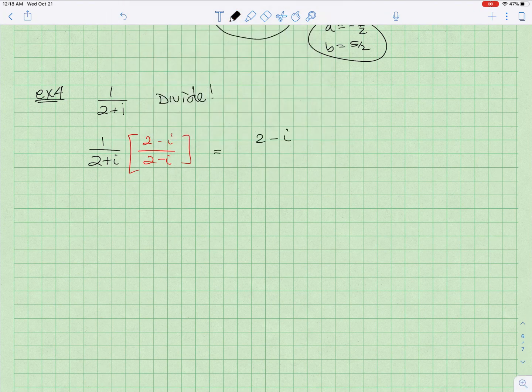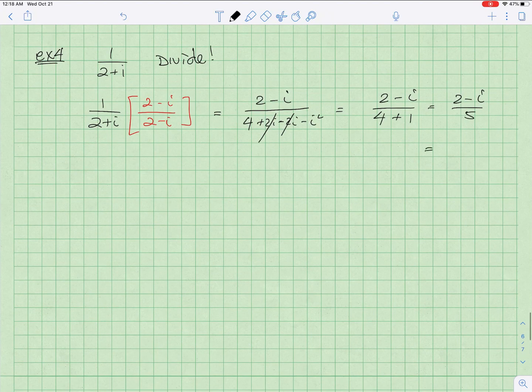The numerator is just 2 minus i. The denominator is 2 times 2, which is 4, plus 2i minus 2i, and then minus i squared. The 2i's will cancel, and negative i squared is a positive 1. And this becomes 2 minus i over 5, which we can break up as 2/5 minus 1/5 i. And that's our result.